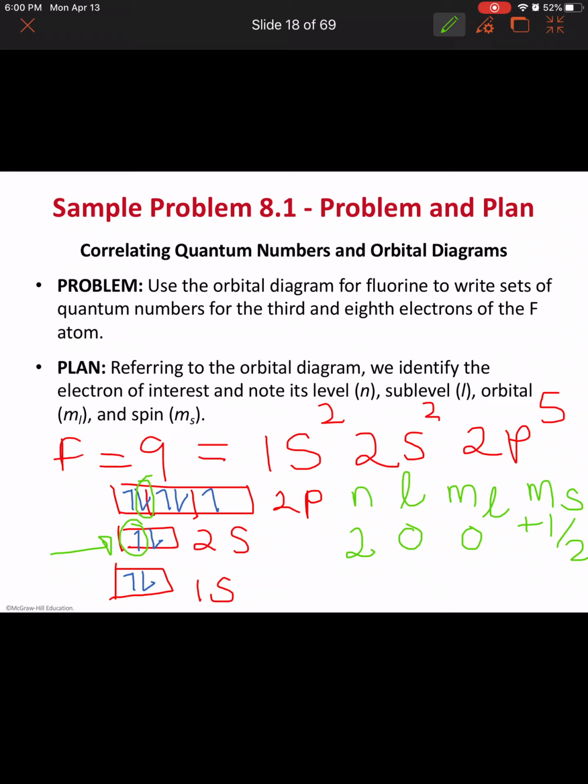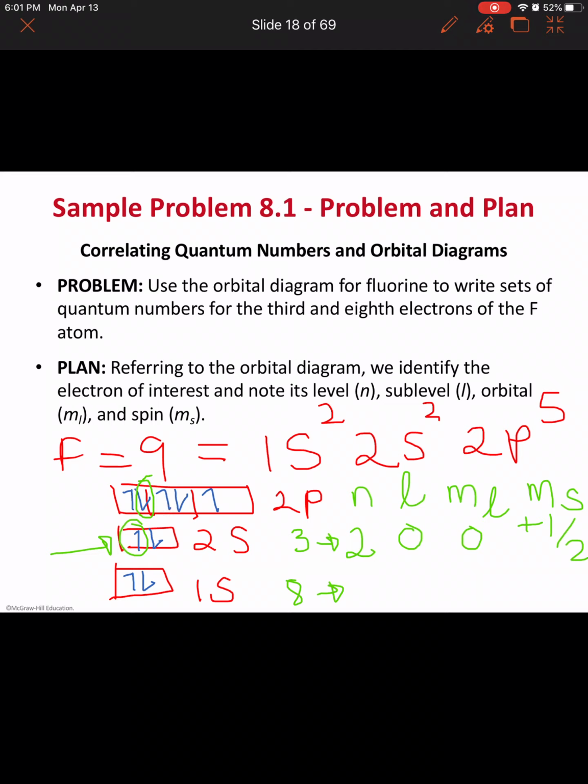And for the eighth electron, so this is the third electron that we did. And for the eighth electron, remember we found out where the eighth electron is. It's right there. Okay. So what's going to be the principal quantum number for that? That again is going to be in the 2p orbital.